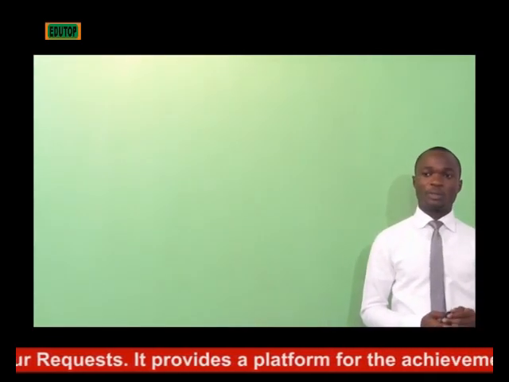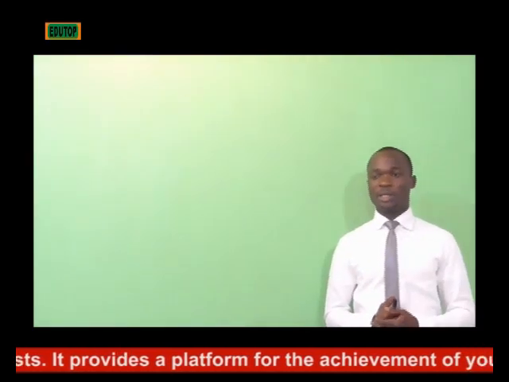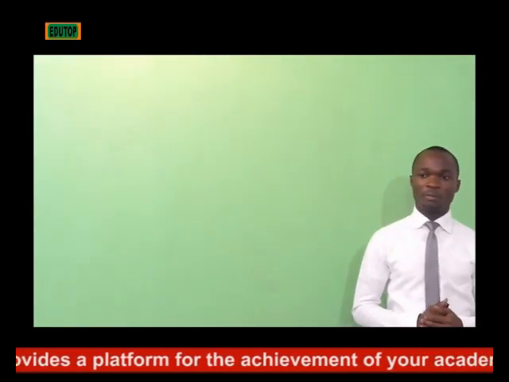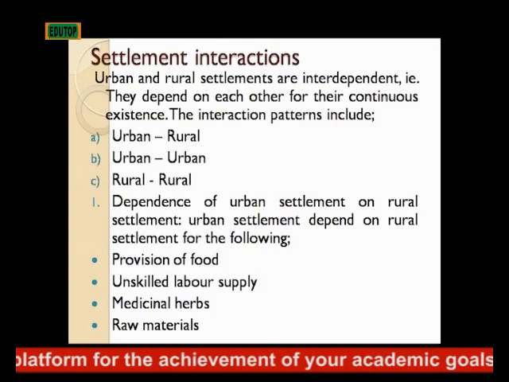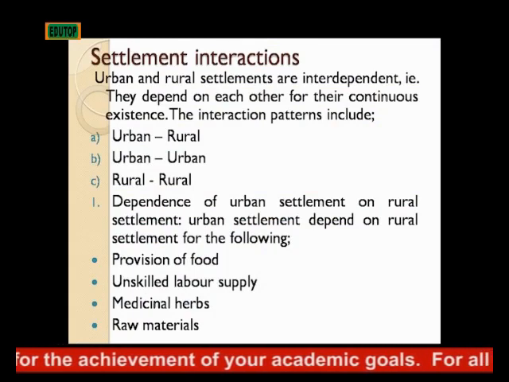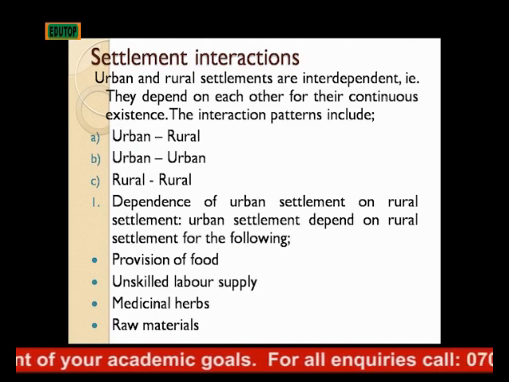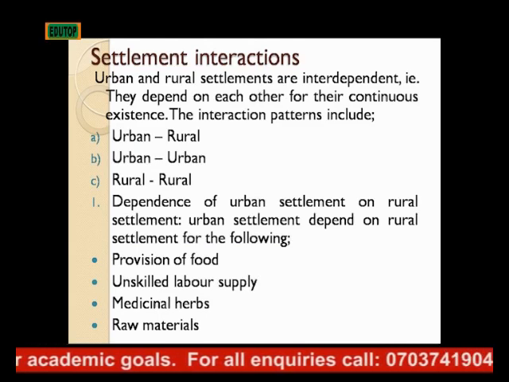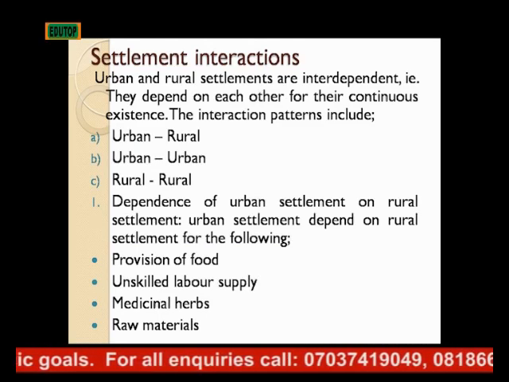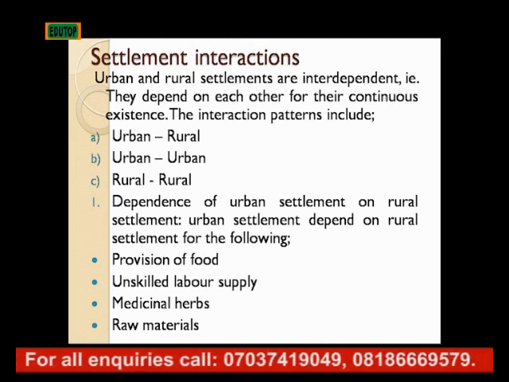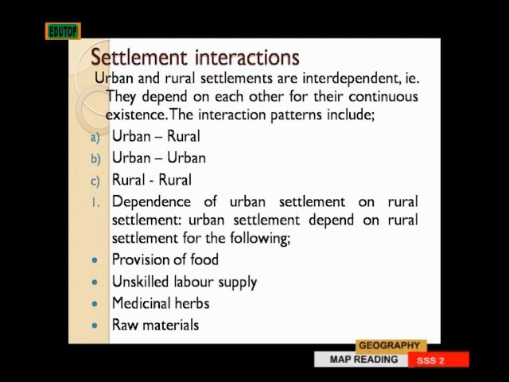Now, let's look at settlement interaction. Number 1, we have the dependence of the urban settlement on the rural settlement. The urban settlement depends on the rural settlement for the following: provision of food, provision of unskilled labor supply, medicinal herbs, and raw materials.